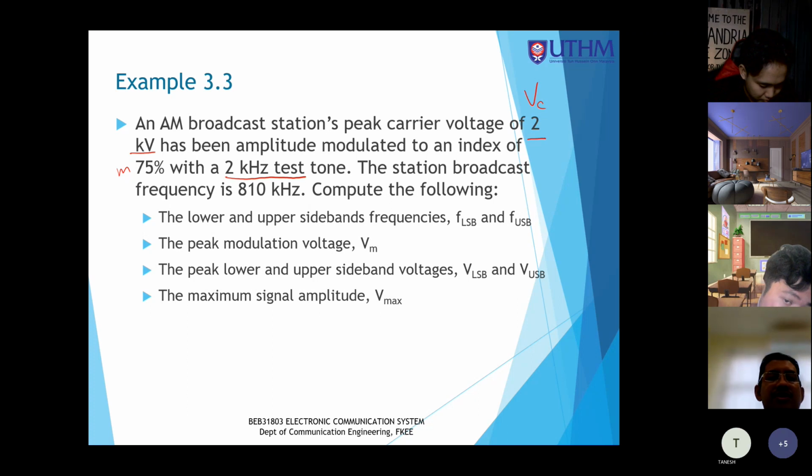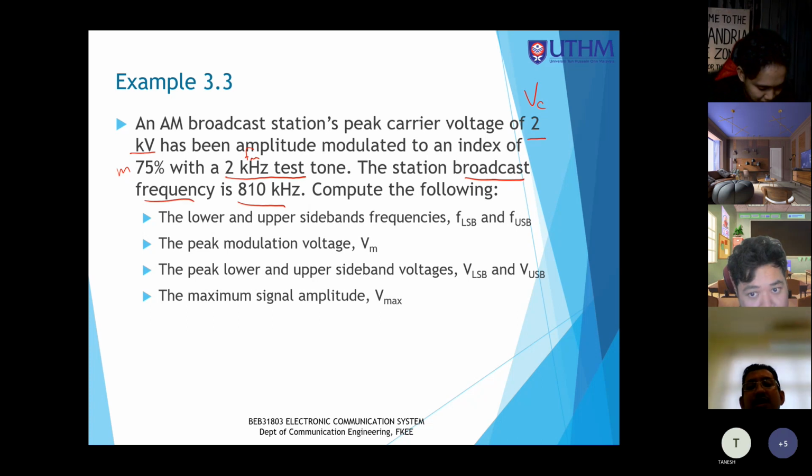So you ada carrier modulate dengan another signal, test tone dengan frekuensi 2 kHz. So this is actually referring to the modulating signal frequency FM. So the station broadcast frequency is 810 kilohertz. What's the meaning of broadcast frequency? Broadcast frequency adalah merujuk kepada frekuensi carrier. Okay.